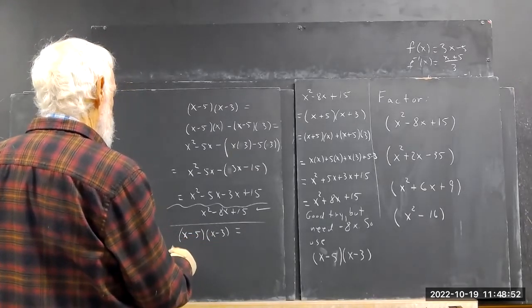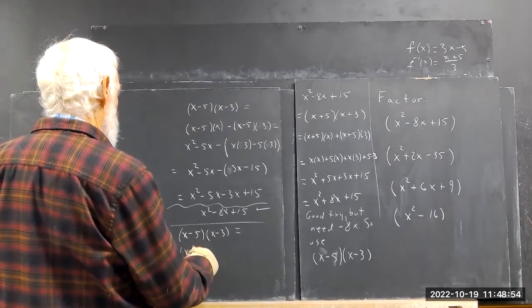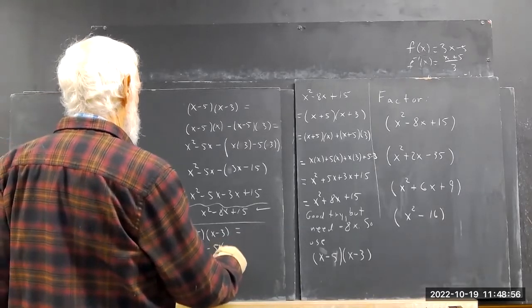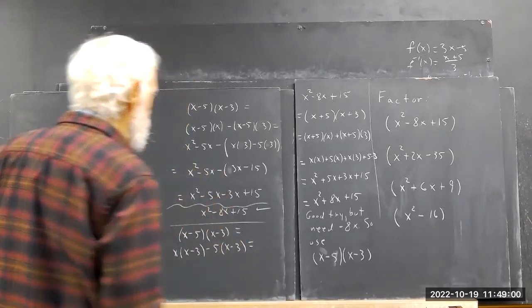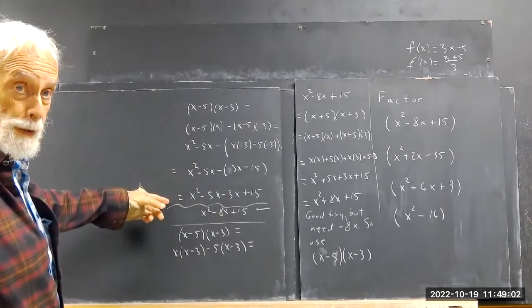We could write that as x times x minus 3, minus 5 times x minus 3. It avoids some of the confusion we have here.